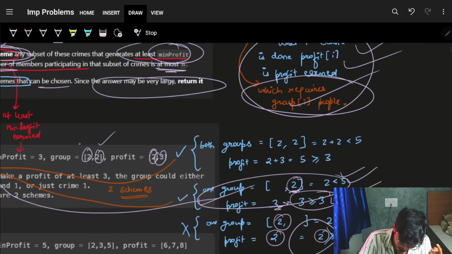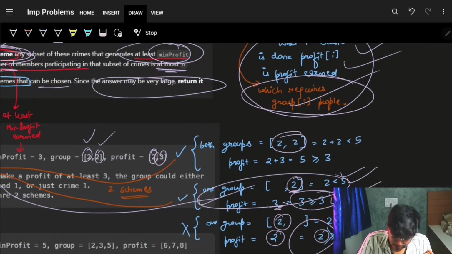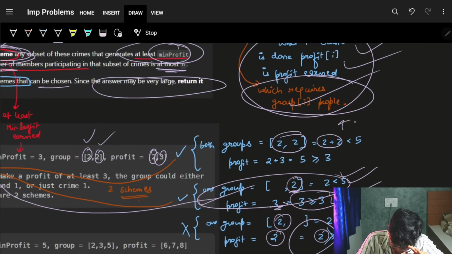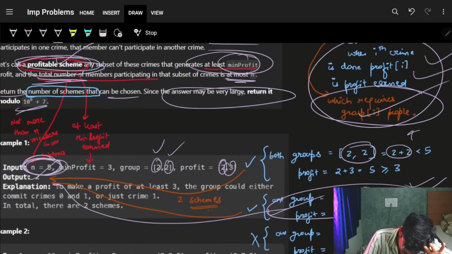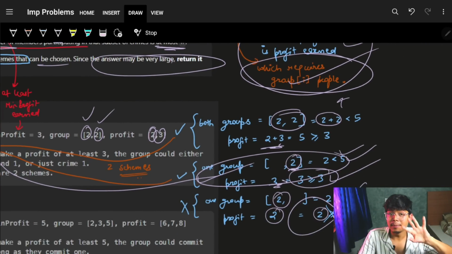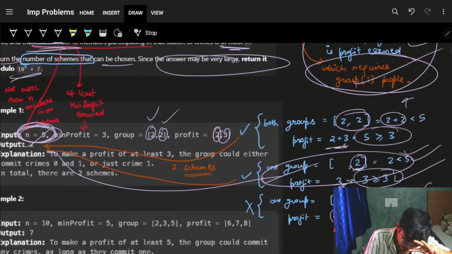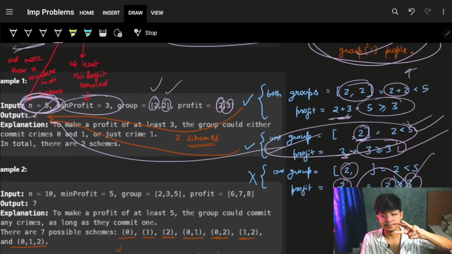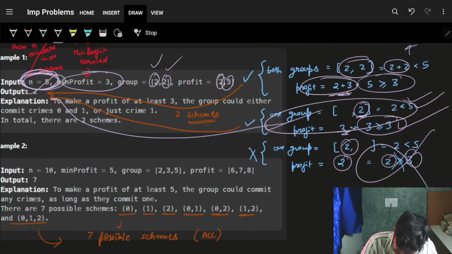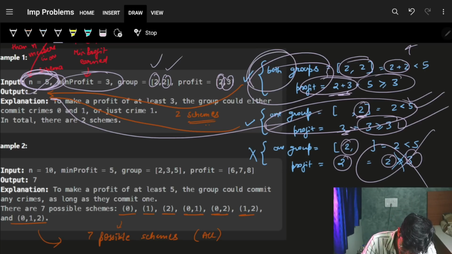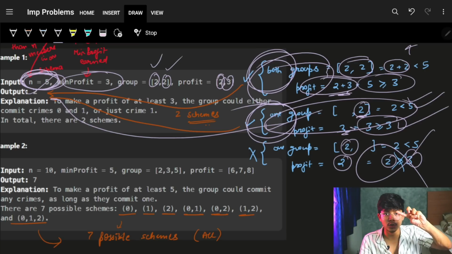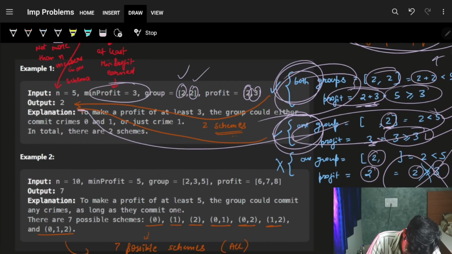Another option can be I execute both the crimes. Number of members in total is 4, which is less than the number of members allowed, which is 5. Profit earned will be 5, which is more than 3, the minimum profit we need to earn. That's the reason I can say, okay, it's also a profitable scheme. Number of profitable schemes in total is 2. Thus, the answer is 2.